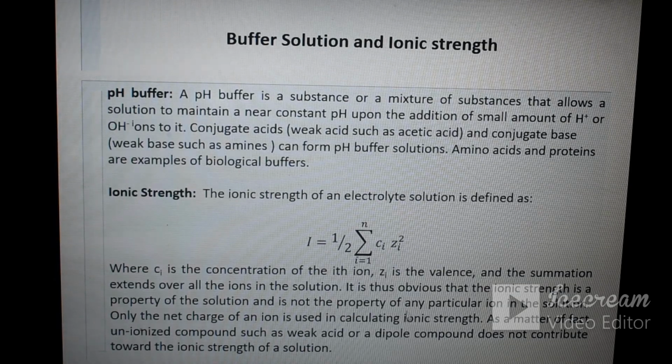It is thus obvious from this expression that the ionic strength is a property of the solution and not the property of any particular ion in the solution. Only the net charge of an ion is used in calculating ionic strength. As a matter of fact, an unionized compound such as a weak acid or a dipole compound does not contribute toward the ionic strength of a solution.